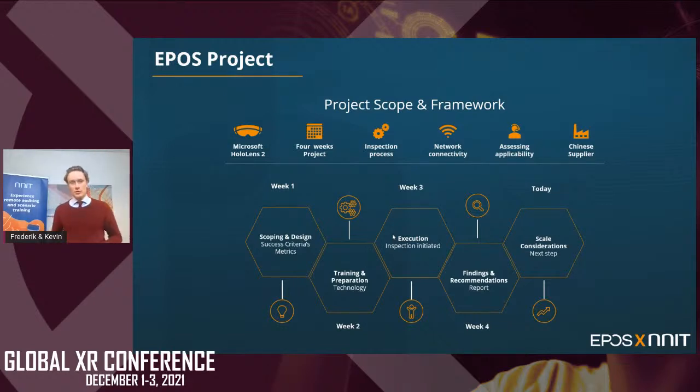All right, so after the first week of scoping, we then do some training and preparation of both the inspectors in Denmark and the operators in China. And this means that you both train them in their job sitting at the computer or wearing the HoloLens, but also that you switch the roles, because our experience is that you can learn your task with the computer, for example, but you might not know the other side of that interaction, that is how it is to wear the HoloLens, and likewise the other way.